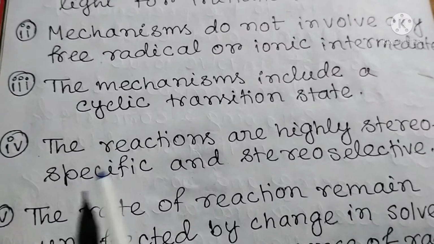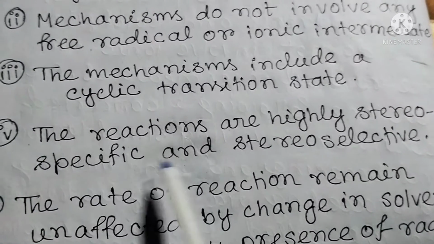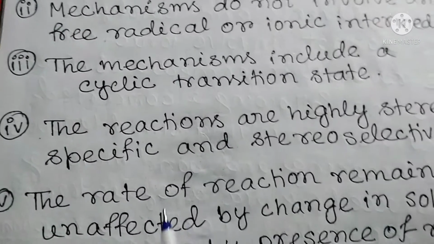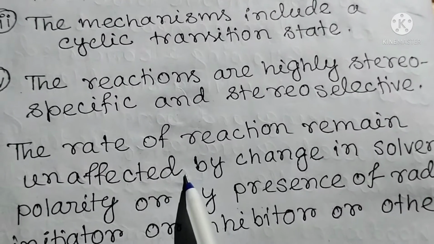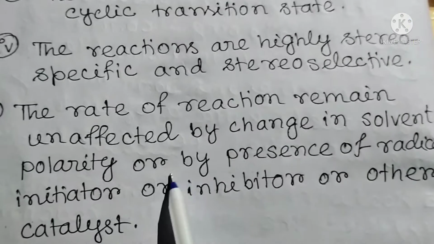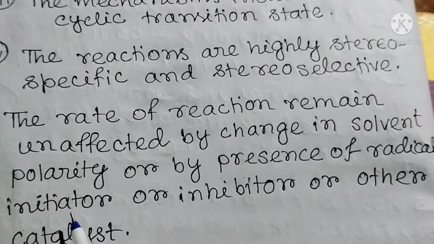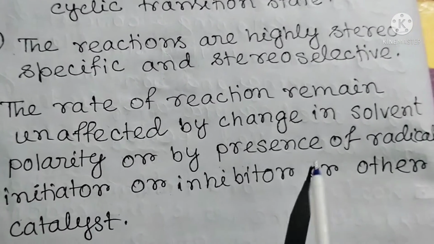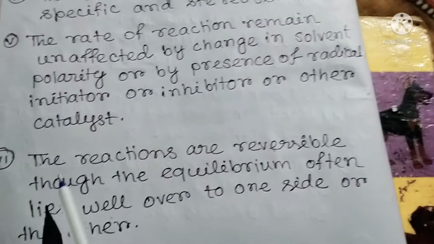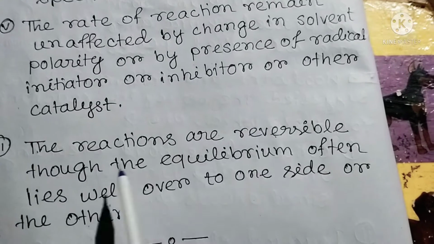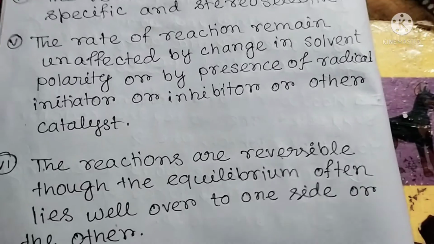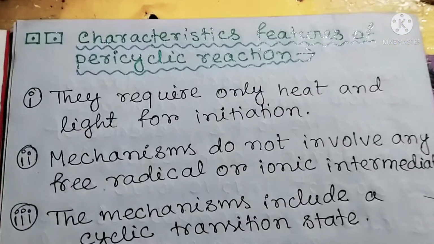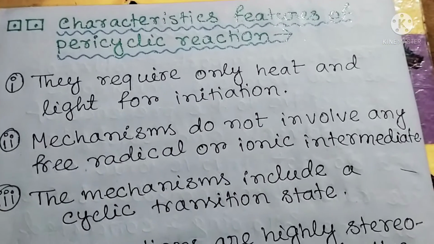Another one, the reactions are highly stereospecific and stereoselective. The other one is the rate of reaction remains unaffected by change in solvent polarity or by presence of a radical initiator or inhibitor or other catalyst. And the last one is the reactions are reversible though the equilibrium often lies well over to one side or the other. All these are the characteristic features of pericyclic reaction.